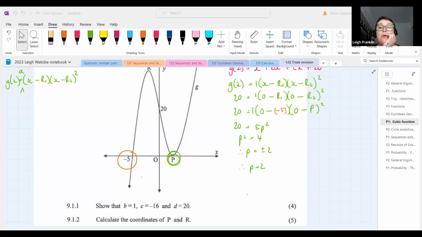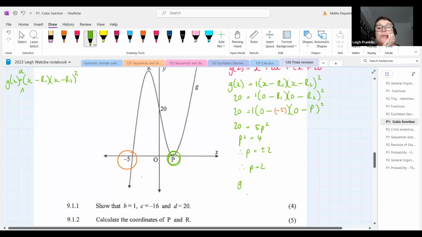That's it, to go and multiply everything out. So we've got g of x equals, in our one bracket, the invisible one in front, x plus 5 in the one bracket, and in the other bracket, we're going to have x minus 2 squared.